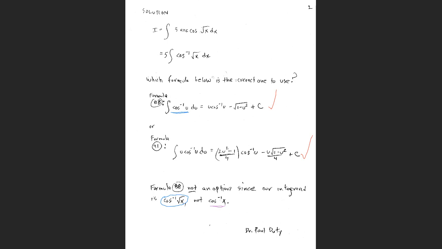So you're going to have to make a substitution, and that's going to generate something else in the integrand that you need to deal with. So formula 91 is the right choice. The u in formula 88, du, we don't have that.